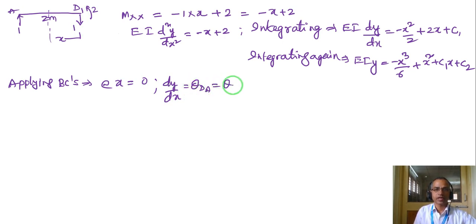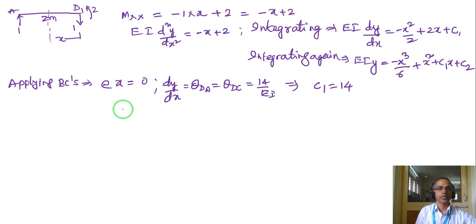That is nothing but my theta DC, which we already got as 14 by EI. Substituting here, at x equal to 0, this is your 14 by EI. The c1 is directly 14. Implies c1 is 14.